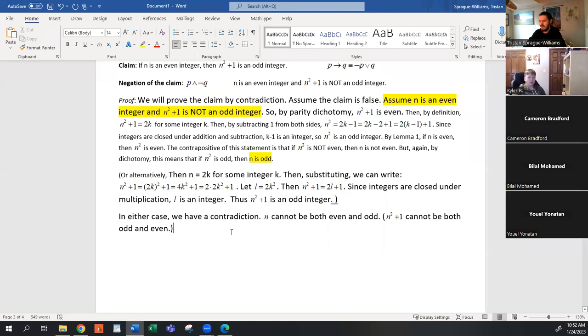So in either case, that contradiction says that the original assumption must have been false, and thus its negation must be true. What is that negation? It's the original claim.